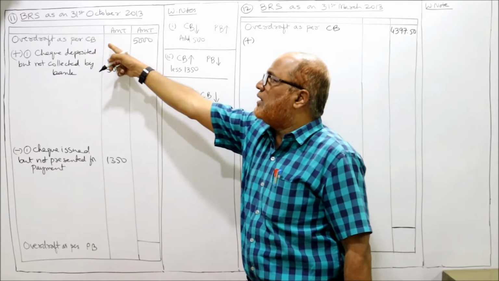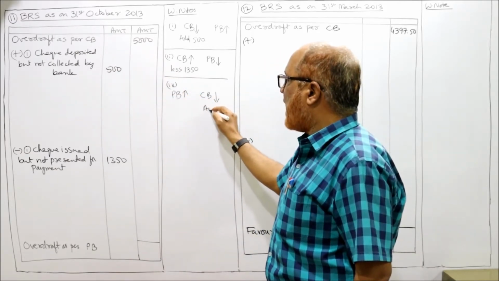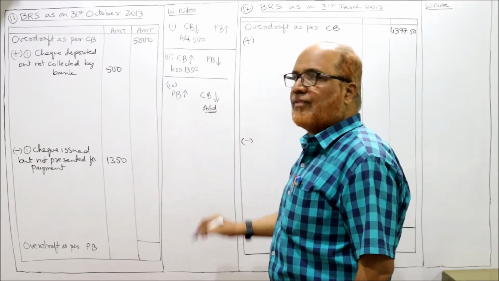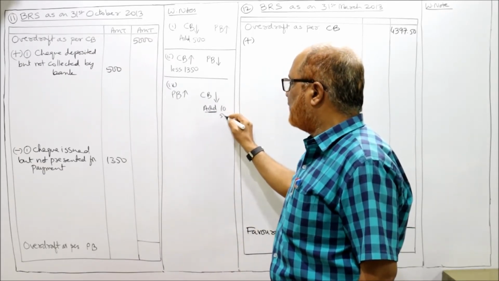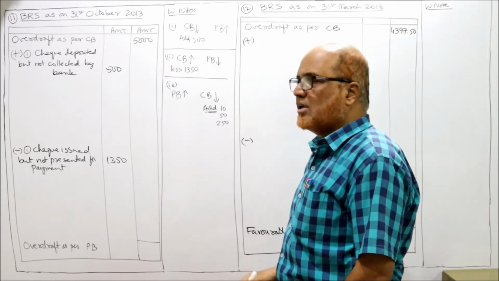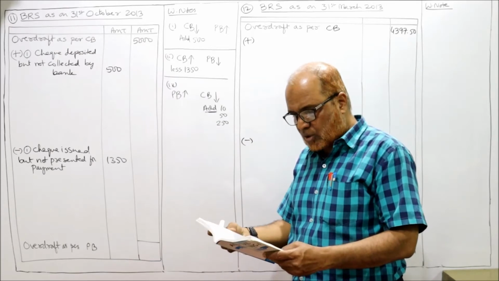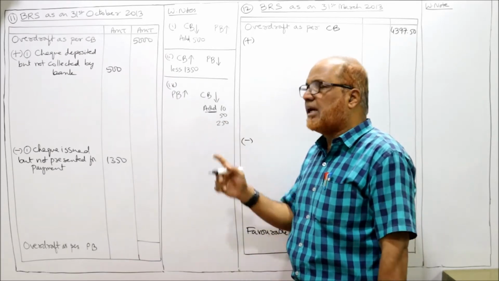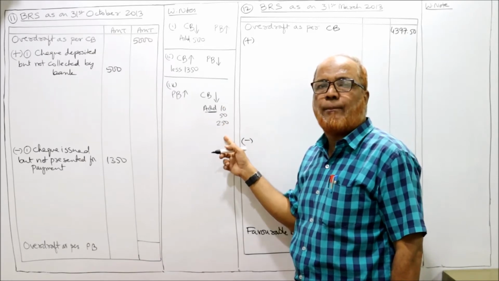Our starting point is cash book. Cash book is showing less amount, so we have to add all three amounts: 10 rupees bank charges, 50 rupees interest on overdraft, and 250 rupees insurance premium. These are the three debits found only in the passbook.